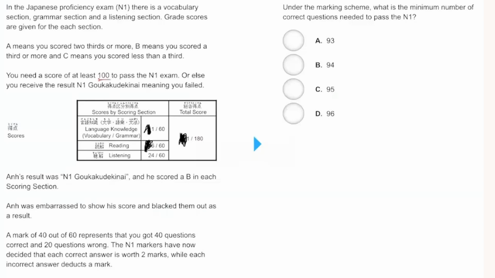In this question, in the Japanese proficiency exam, there's a vocabulary section, a grammar section, and a listening section. Grade scores are given for each section. A means you scored 2/3 or more, B means you scored a third or more, C means you scored less than a third.